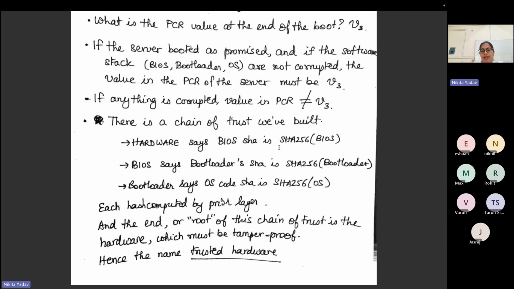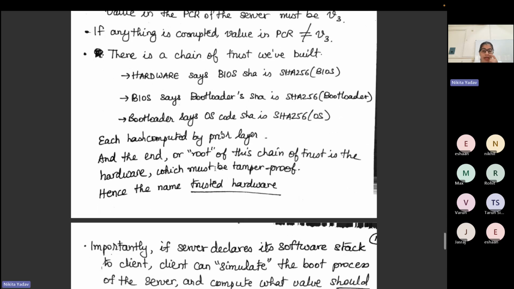In this manner, even if one of them is corrupted, the final hash value recorded in the PCR in the TPM would be different from V3. The hash for one component is computed by the prior layer, and that's why we're building a root of trust here. If you trust the hardware, then you can establish trust in BIOS.